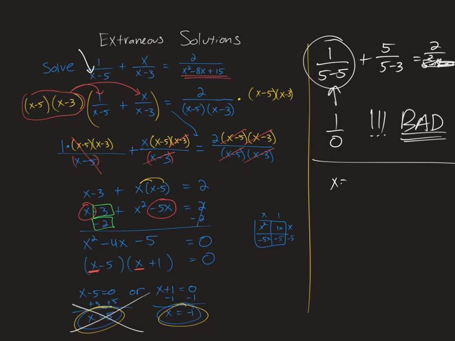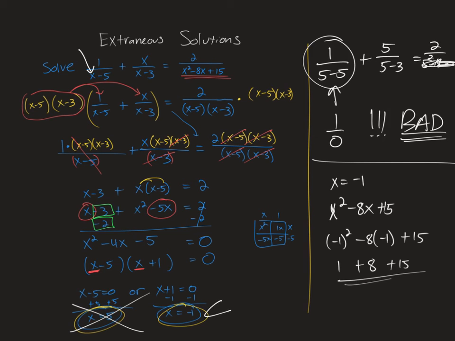When x equals negative 1, will x squared minus 8x plus 15 equal 0? So let's check it out. So negative 1 squared minus 8 times negative 1 plus 15. 1 plus 8 plus 15, that's not going to be 0. I don't even need to finish it because I know they're all adding and it's not going to be 0.